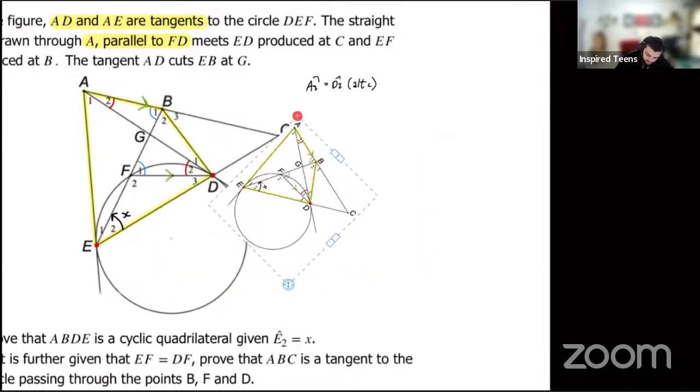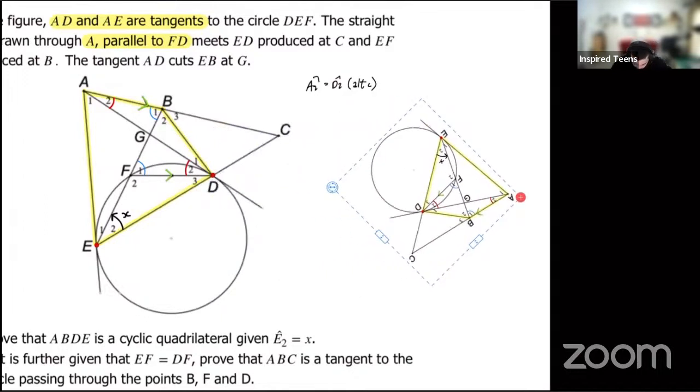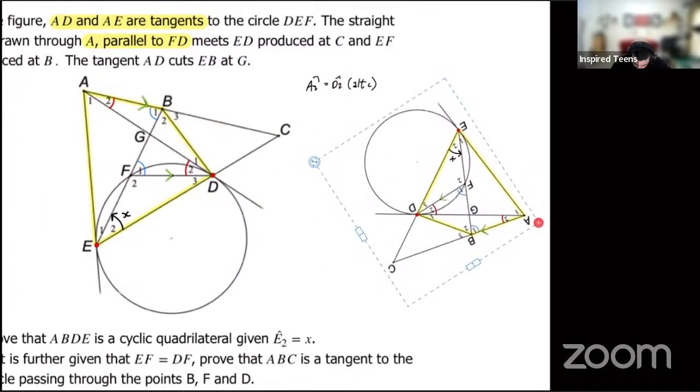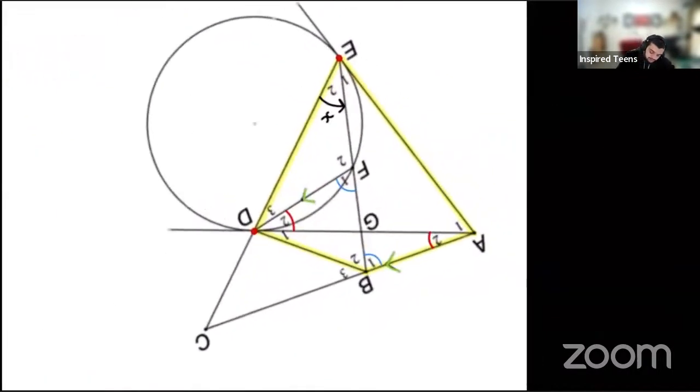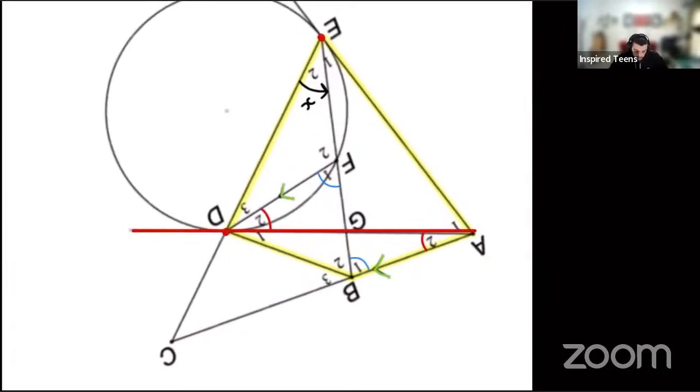I'm doing this because if I turn my tablet, it's not going to help you. But you can obviously turn your page in the exam. If you want to turn your page, that's also an option. Why am I turning my page? I'm turning my page to just make my tangent flush, like a horizontal line. So that's what my tangent looks like. Okay, so the tangent is here.